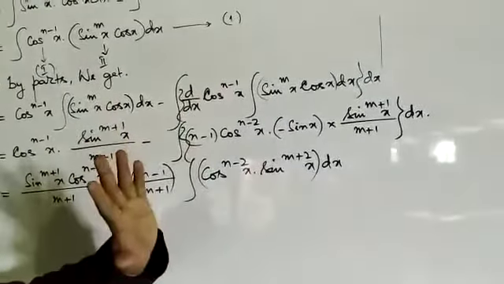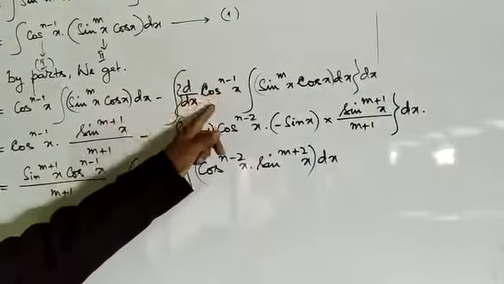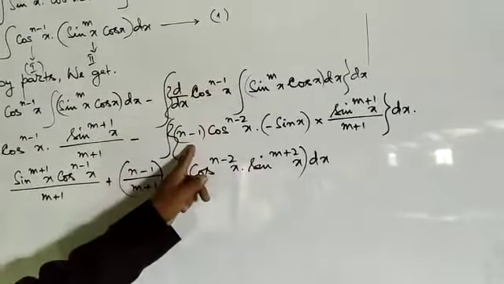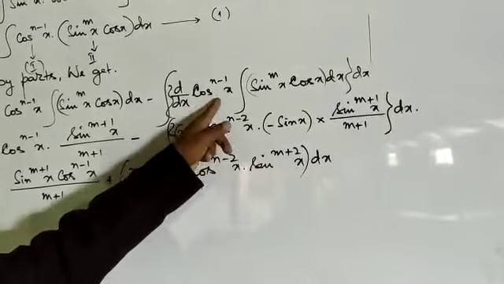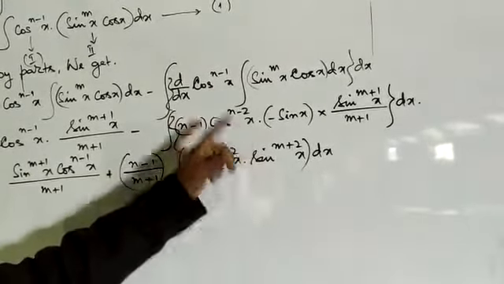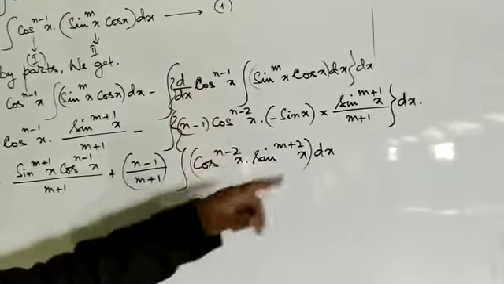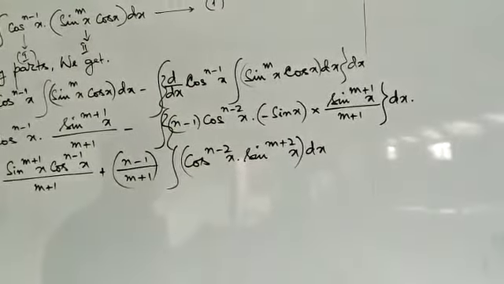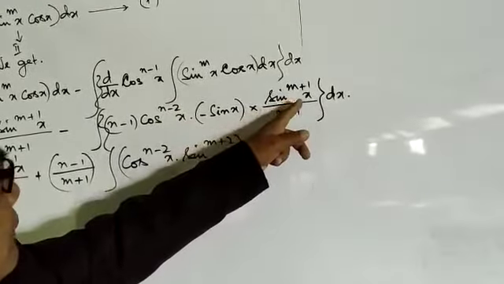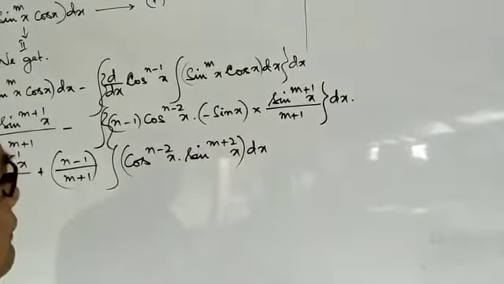Cos is taken as one variable here, u to the power n minus 1, as we did in the classroom. The power comes as coefficient n minus 1, and then the variable power is decreased by 1. Then differentiate this cos, which becomes minus sin x, into sin to the power m plus 1 x divided by m plus 1.